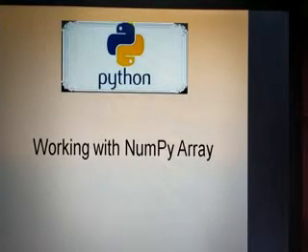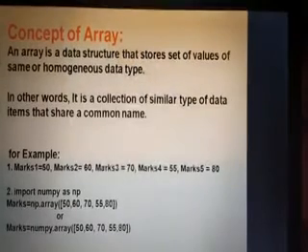To avoid this problem, there is the array. So, in this situation, the concept of array is useful.